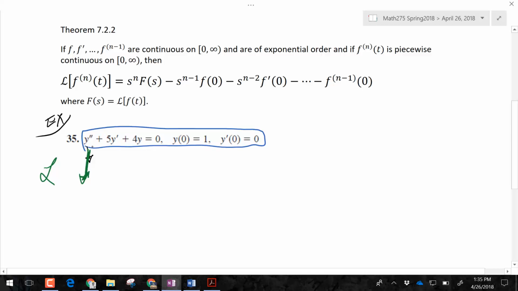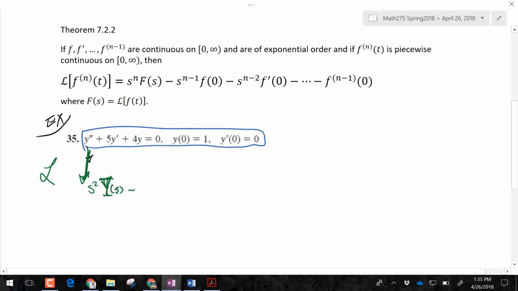We transform everything over. We're going to say that this is y double prime. So the n is equal to 2 according to this, so I have s squared. Now I want to represent y. I write my capital Y, which is kind of funny, but I need to distinguish it from my lowercase y because I'll be living in the Laplace world at this point.